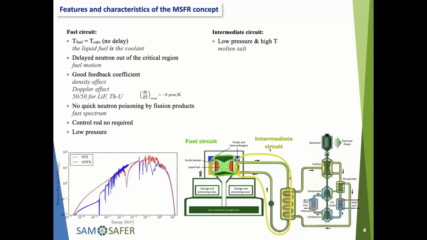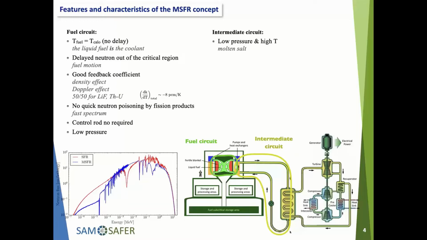Of course, we don't only have one fuel circuit when we have to take into account the operation of the reactor. We also have, in yellow, the intermediate circuits, containing other molten salts with no radioactive matter, so it's high temperature and low pressure.